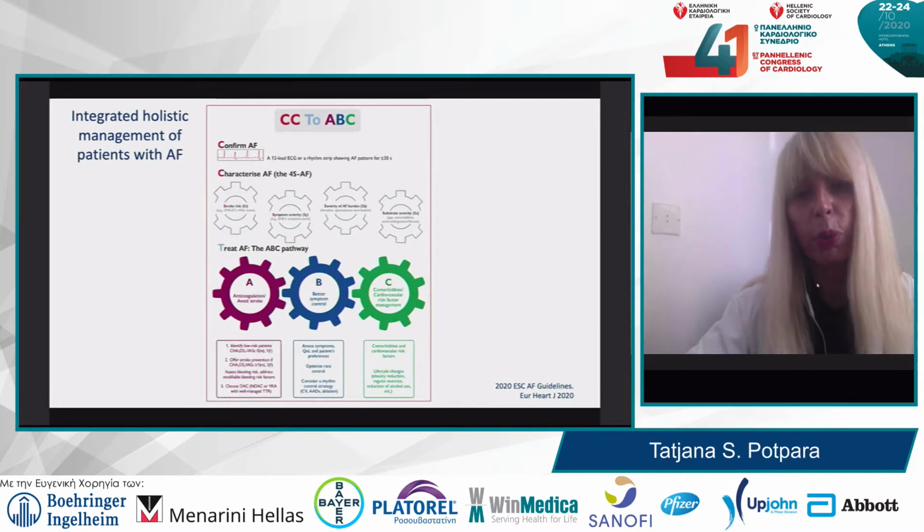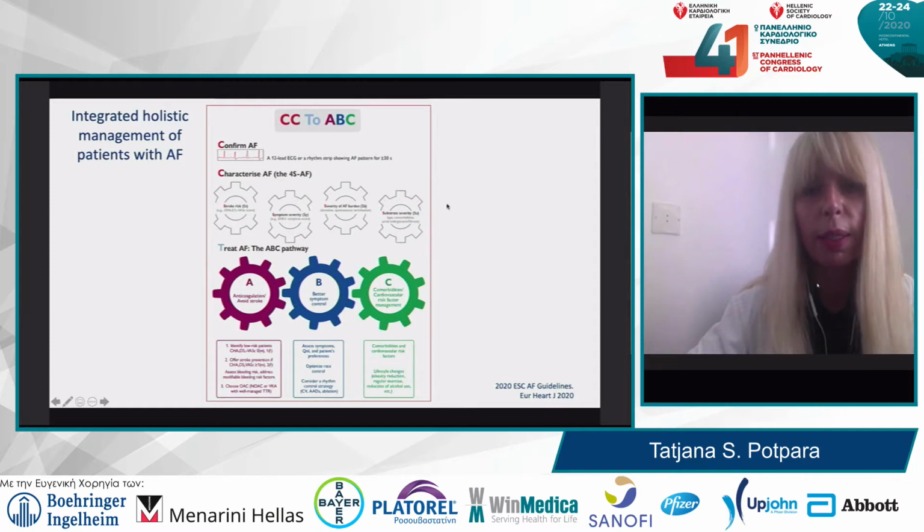It is very important to realize that integrated holistic management of atrial fibrillation is essential to improvement in patient outcomes. And this has been nicely summarized in a central figure of the 2020 ESC-AF guidelines with an acronym, CC2ABC.